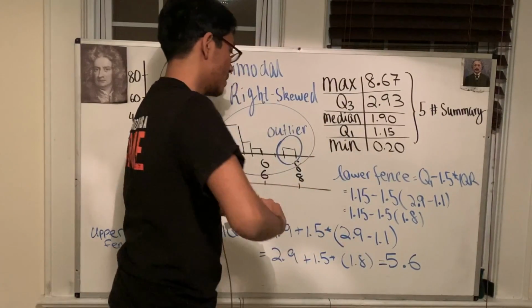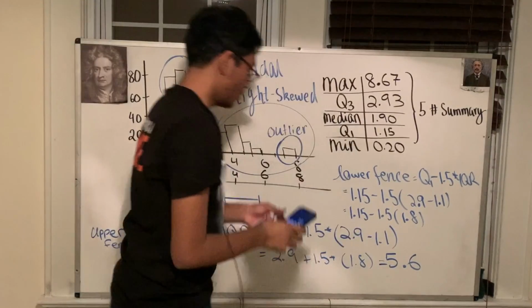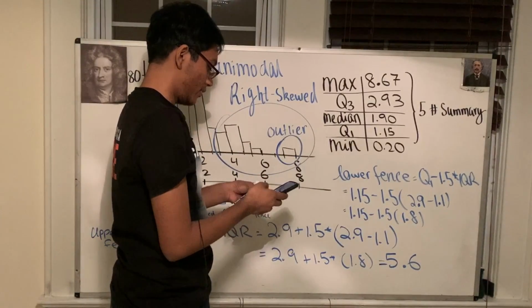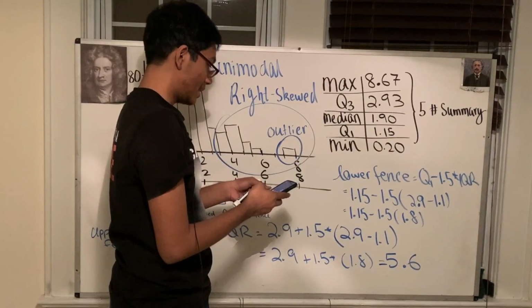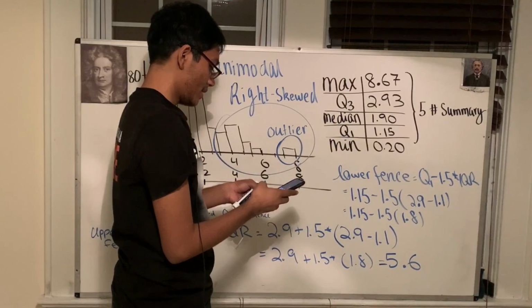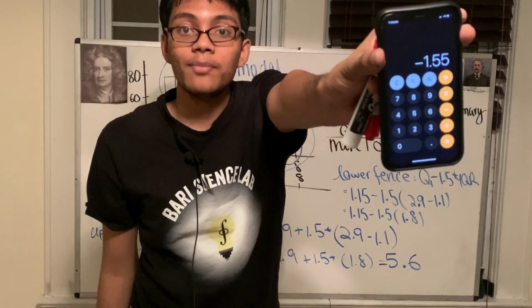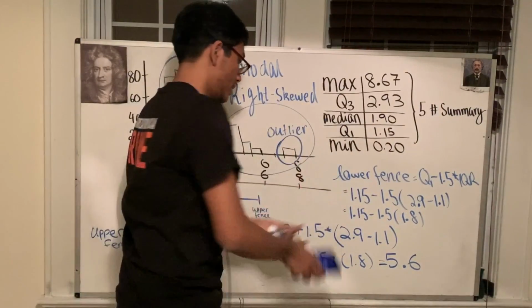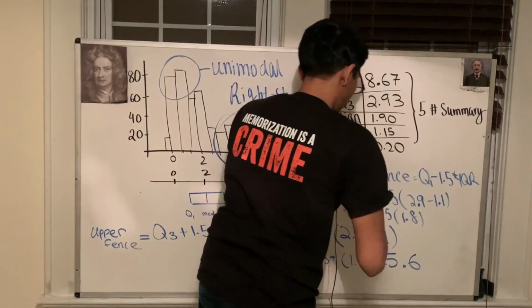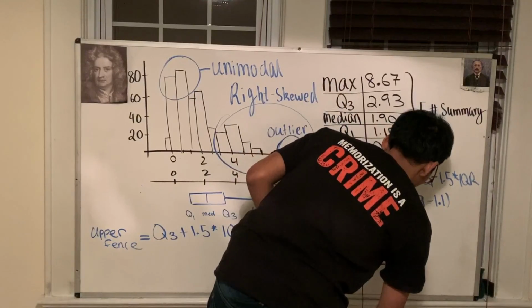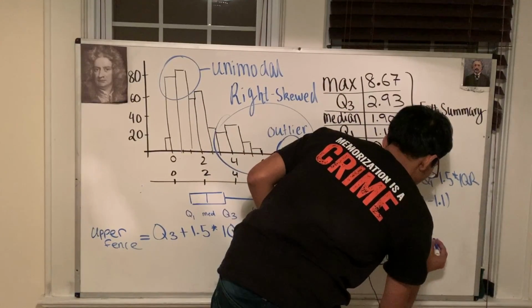Let's see what that comes out to be. 1.5 times 1.8 gives me 2.7. 1.15 minus 2.7 gives me negative 1.55. So that's going to be my lower fence, negative 1.55.